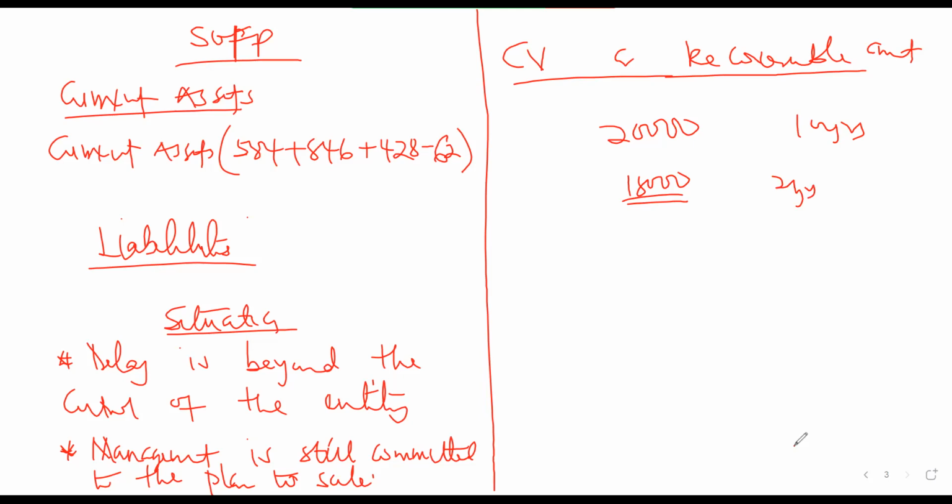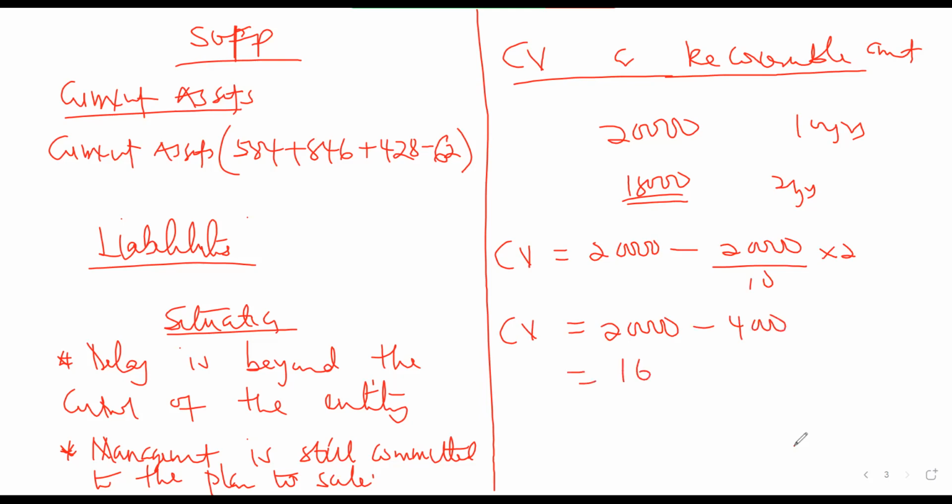So you have to determine the carrying value after the 2 years, and that will be 20,000 minus 20,000 over 10 times 2. The carrying value will be 20,000 minus 4,000, which gives us 16,000.